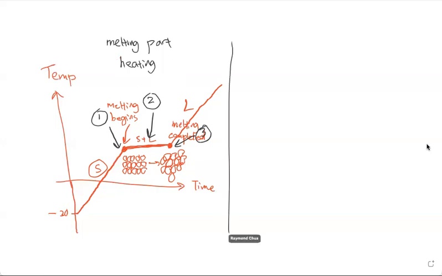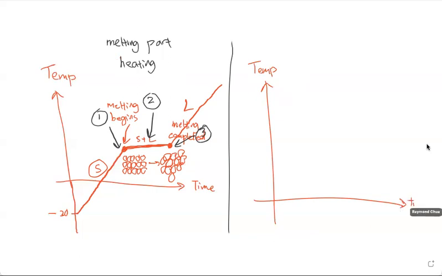Let's look at cooling. Imagine we have the same graph. This is temperature, and this is time. And this is the freezing part, and this is cooling. Freezing requires cooling, right?